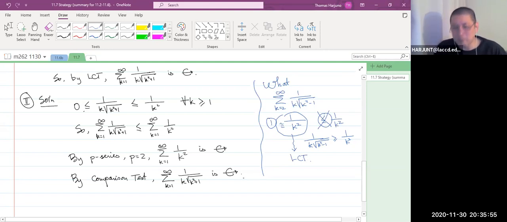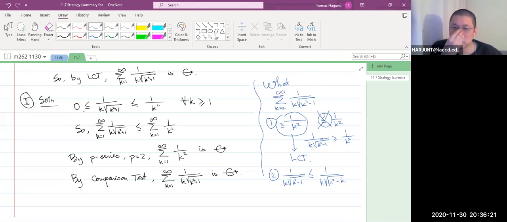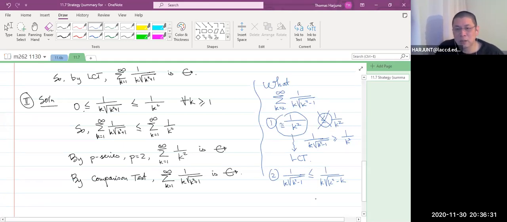Okay, now let me give you another method. Notice that 1 over k square root of k squared minus 1 is less than or equal to 1 over k times square root of k squared minus k. Can I do that? Right? And that equals 1 over k square root of k times square root of k minus 1.